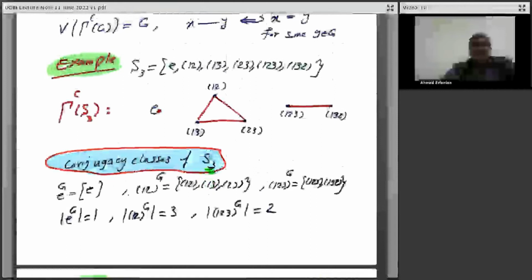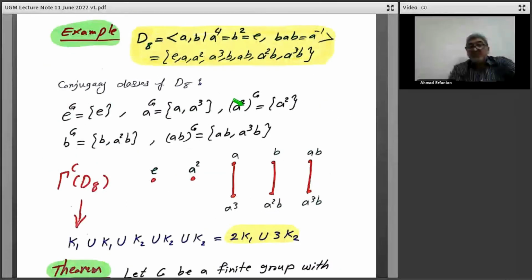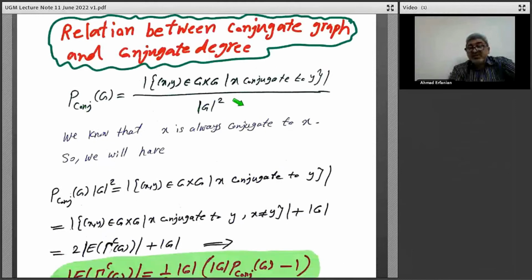For S3, here is the conjugate graph of S3. You know we have 4 edges here, a triangle and an edge.